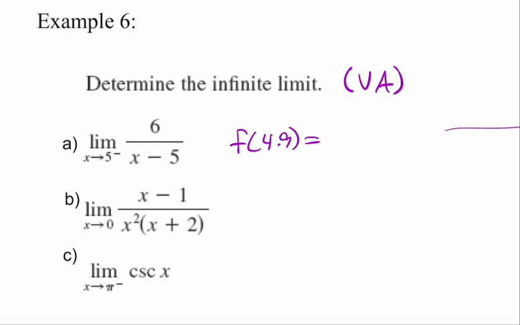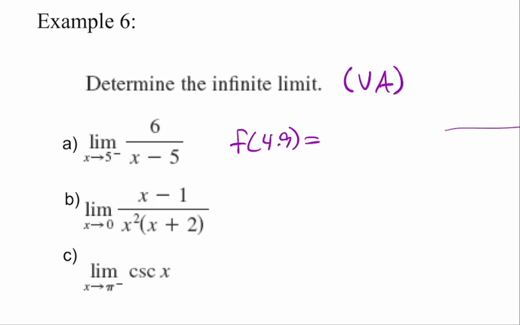Now, when I plug in 4.9, if I get a positive number, that tells me that I'm heading to positive infinity. If I get a negative number, the answer is negative infinity. So one, you have to recognize that's a vertical asymptote. And then you have to plug in something that's either to the left or right, depending on what the notation is saying. That's a negative, so that's to the left of 5, so 4.9.